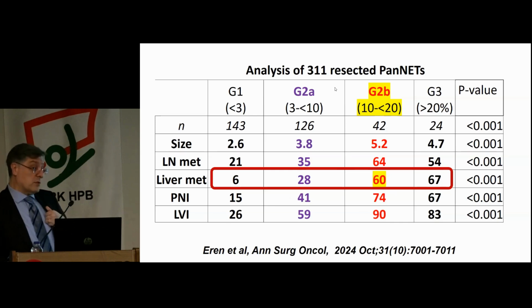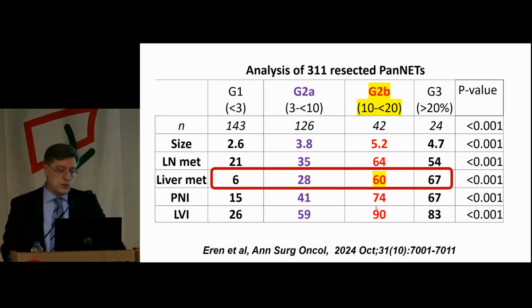This 10%, by the way, was being used by oncologists in metastatic liver cases extensively. They actually use that 10% more than anything else. So if Ki-67 is less than 10%, we call it G2A. If it is 10 to 20%, 2B, and the metastatic rate is strikingly higher, again, not surprisingly.